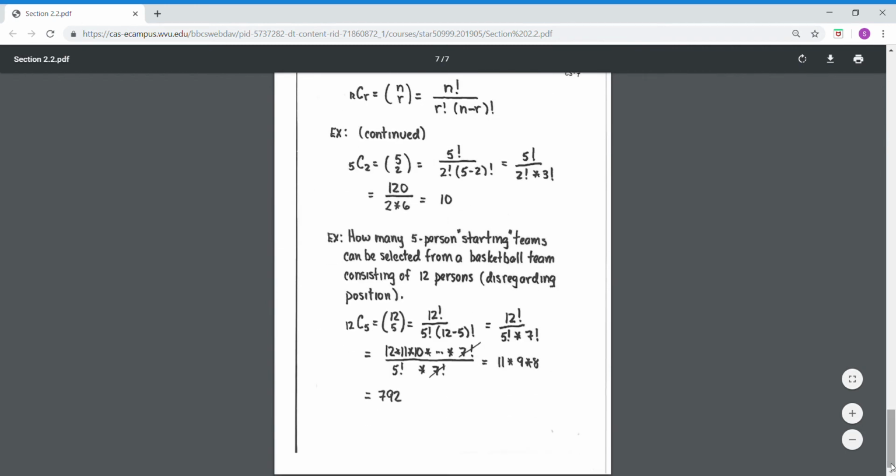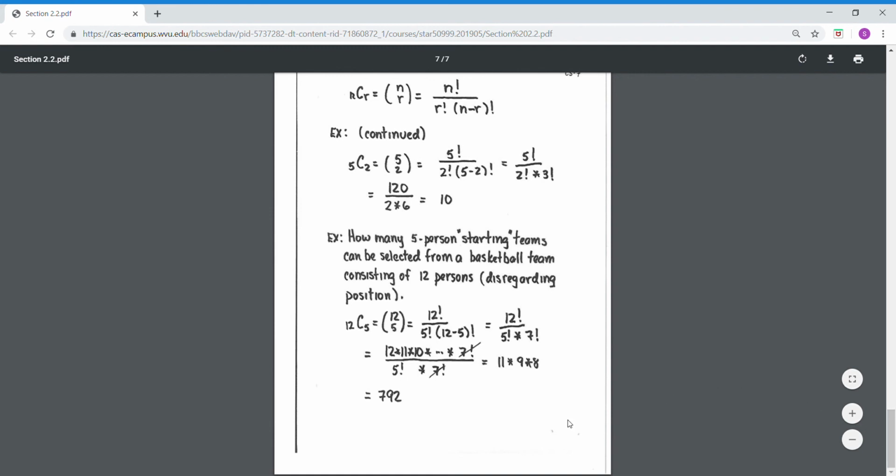So our final example in this section asks how many 5-person starting teams can be selected from a basketball team consisting of 12 persons, disregarding position. This would be 12 choose 5.